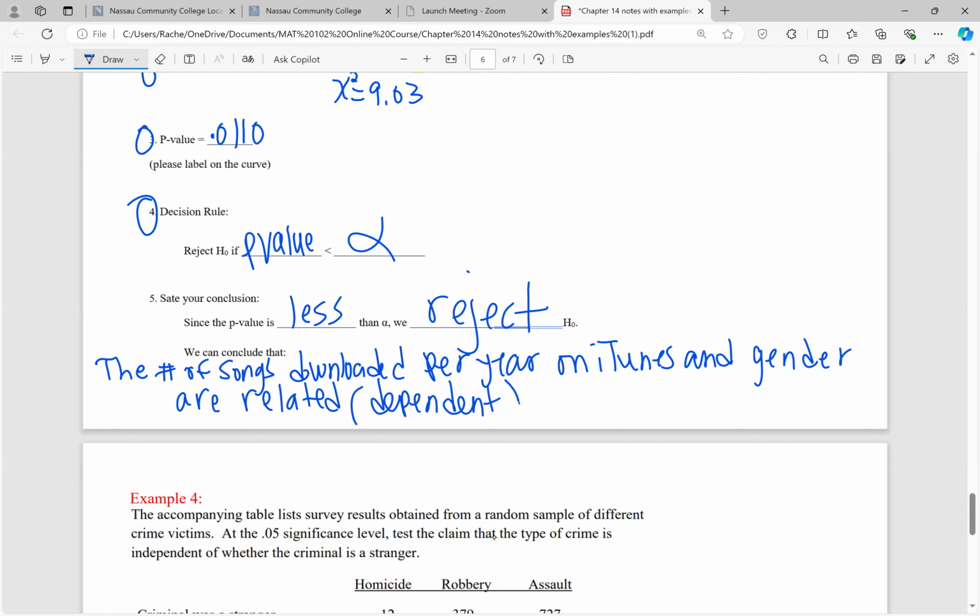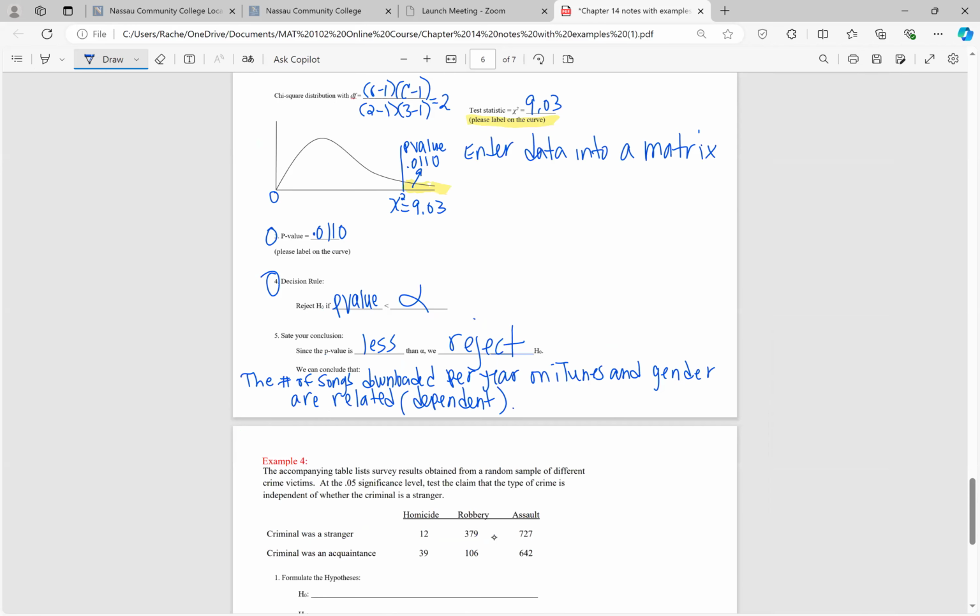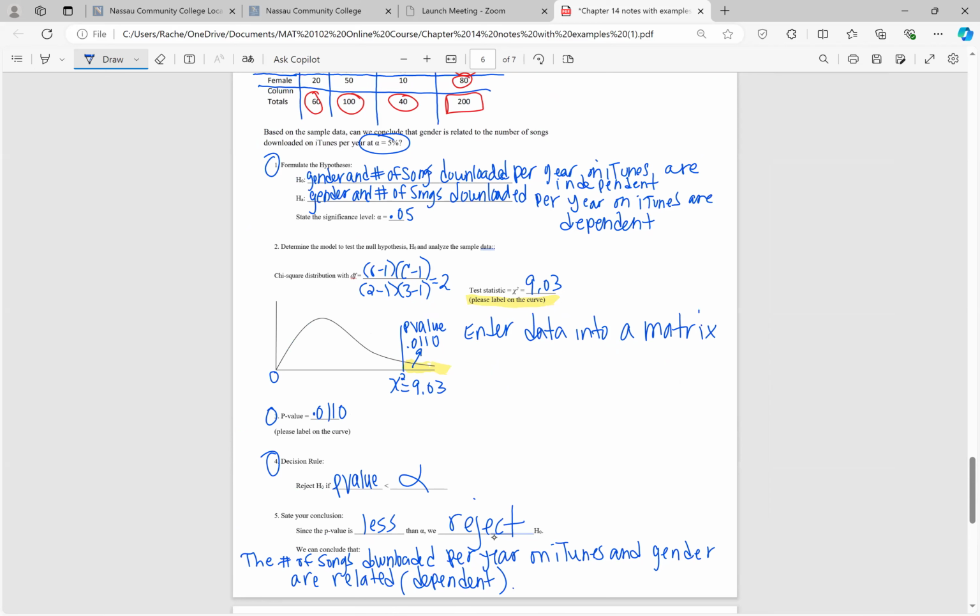So we conclude that there is a relationship between the two variables. And that concludes our chi-square test for independence.